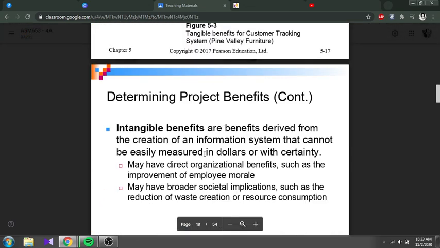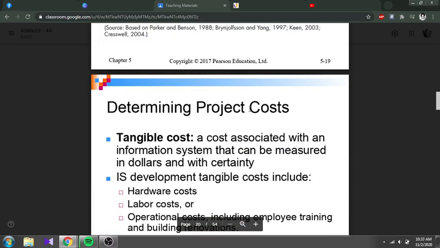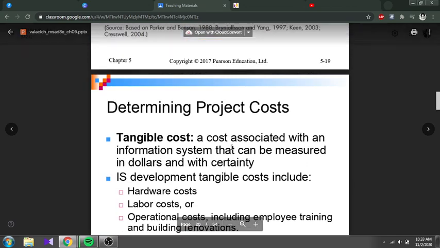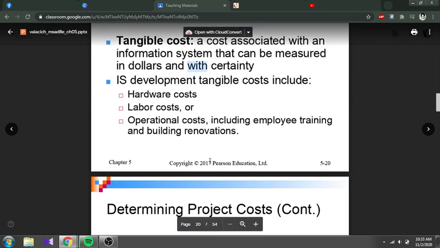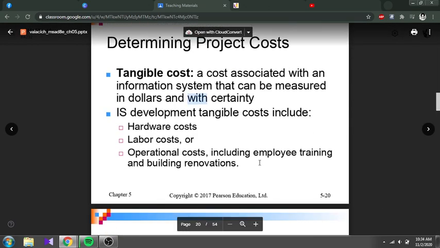Alright. Okay, moving on from the intangible and tangible benefits in general, the project benefits, we move on to tangible costs, determining the project cost. Okay, a tangible cost is a cost associated with an information system that can be measured in dollars with certainty, while an intangible cost is a cost associated with an information system that cannot be easily measured in terms of dollars or with certainty. The other way around.